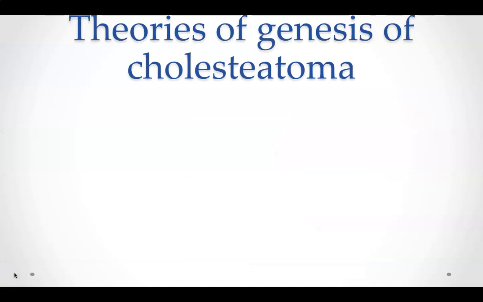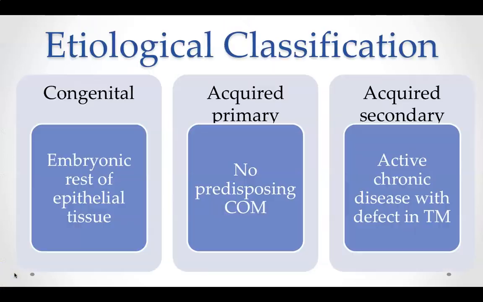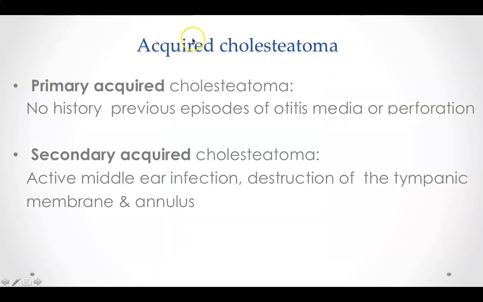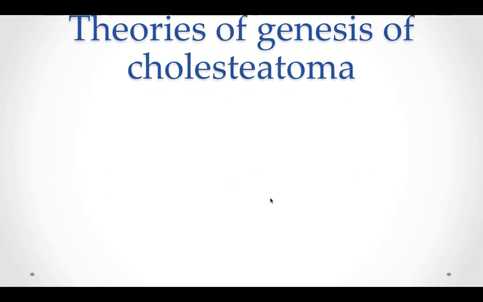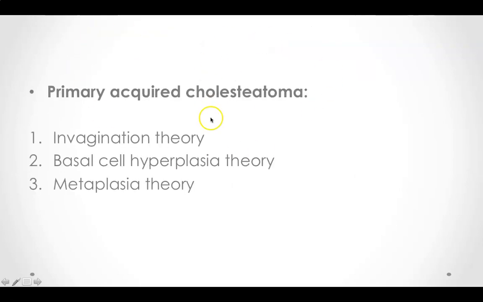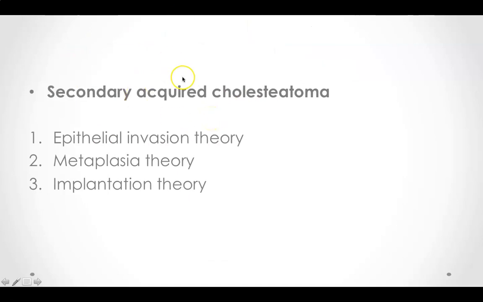Talking about acquired cholesteatoma, like I told you, there is primary acquired cholesteatoma in which there is no history of a previous episode of otitis media or perforation, and there is secondary acquired cholesteatoma in which active middle ear infection and destruction of the tympanic membrane and annulus will be present. Now, talking about the theories of genesis of cholesteatoma, we have primary acquired theories and secondary acquired theories.